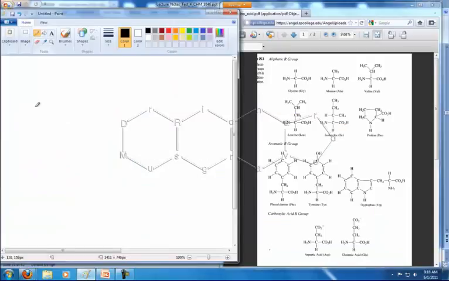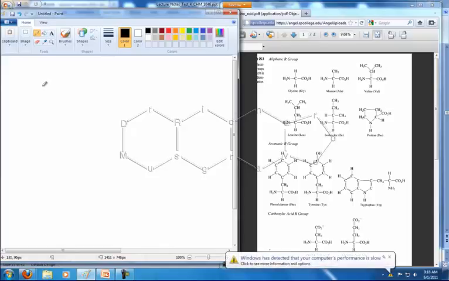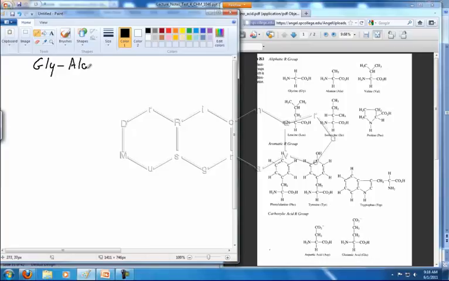So let's say I wanted to make Gly-Ala. And that's what you had to show the preparation of. So what you do is you go ahead, find these on the chart. Remember, you'll get the chart, you don't have to memorize these.